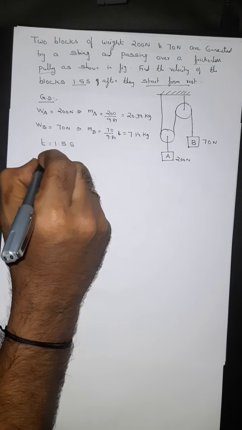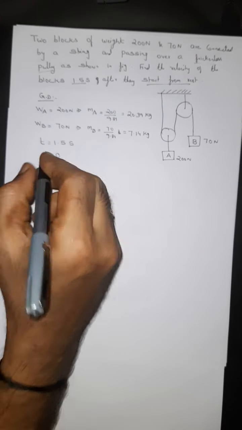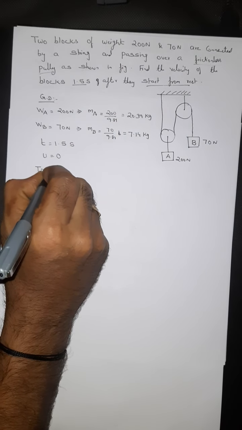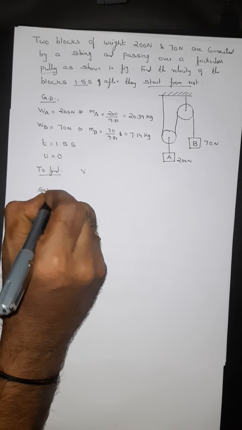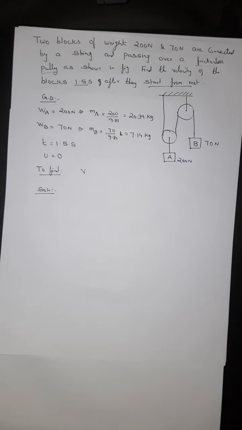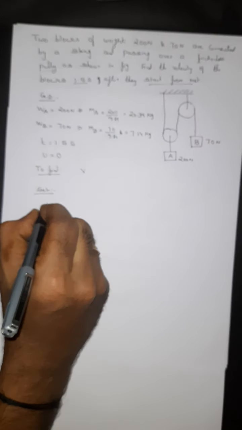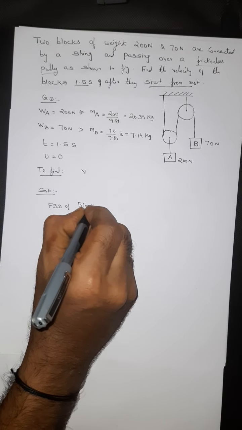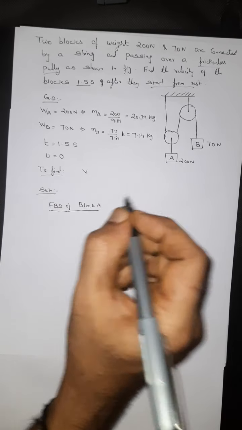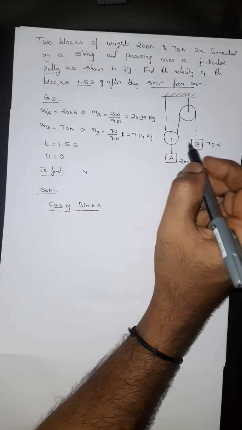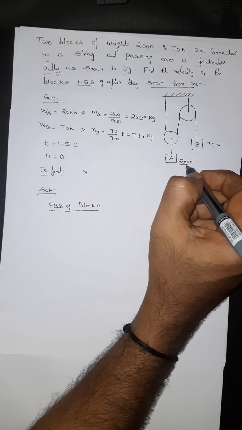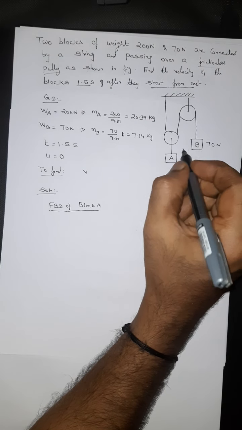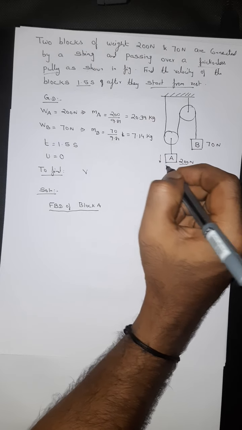Starts from rest, so initial velocity is 0. Now to find the velocity. Solution. FBD of block A. Look at the sketch or diagram. Here the weight of the block is 200 Newton, which is greater than block B. So therefore it tends to move downwards.